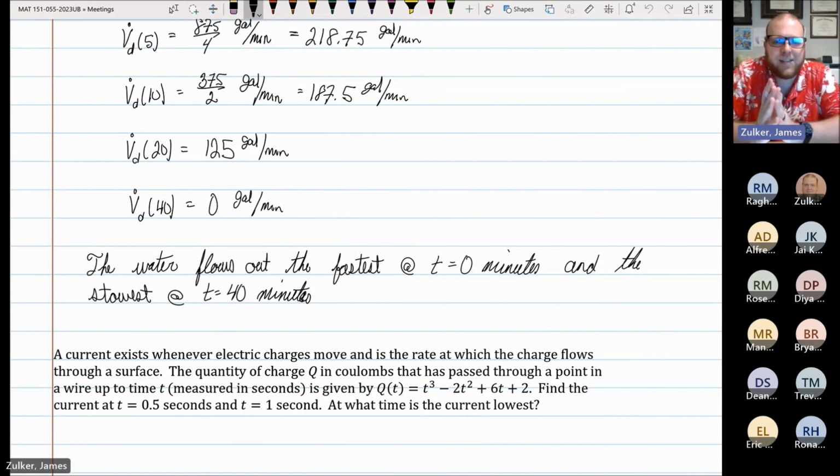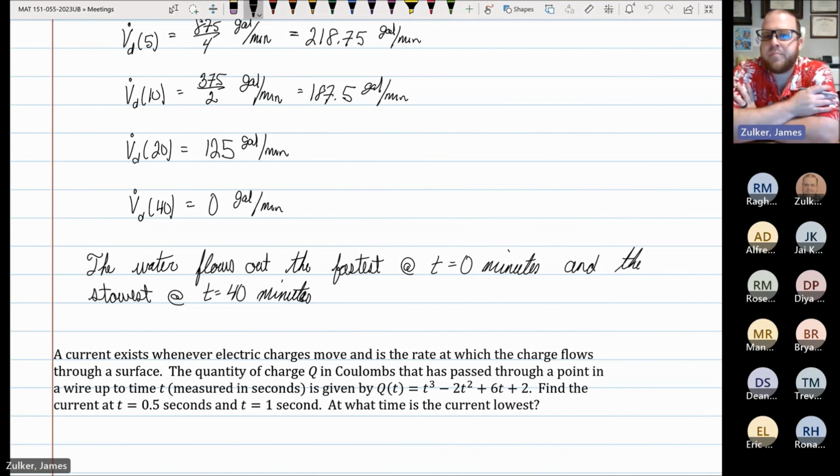Current exists whenever electric charges move and is the rate at which the charge flows through a surface. We're then given the quantity of charge Q in coulombs. Pretty sure that should actually be a capital C. That is passed through a point in a wire up to time t being measured in seconds.